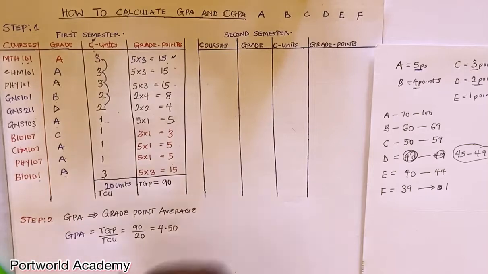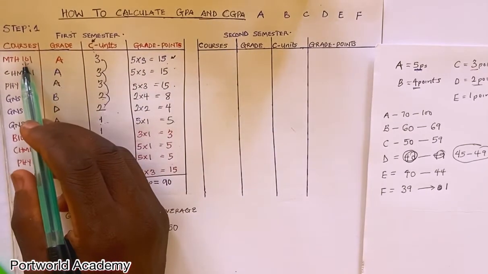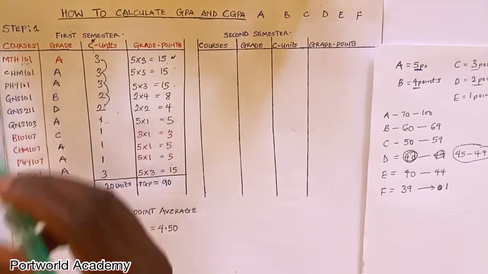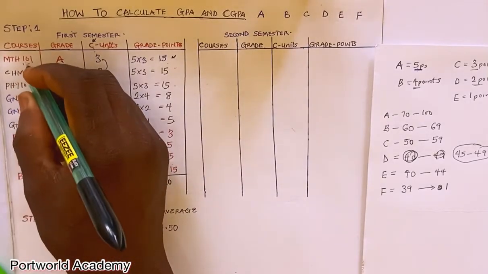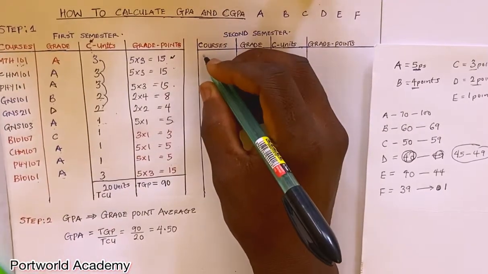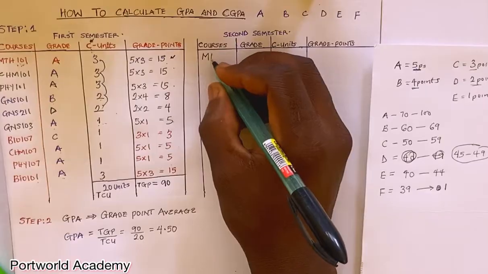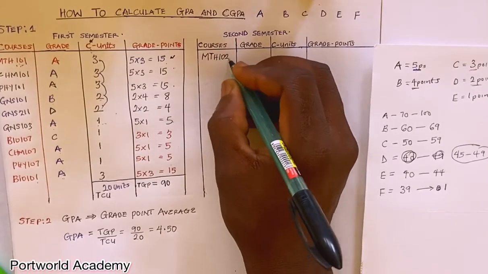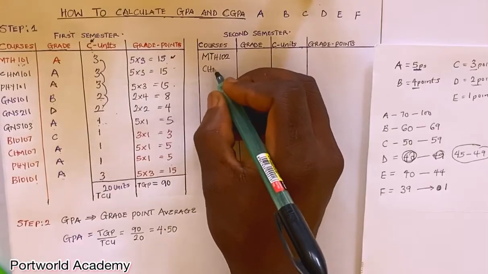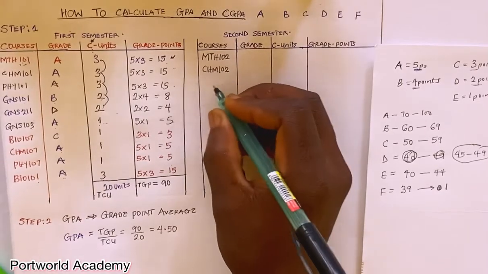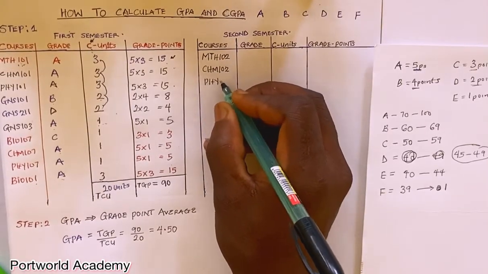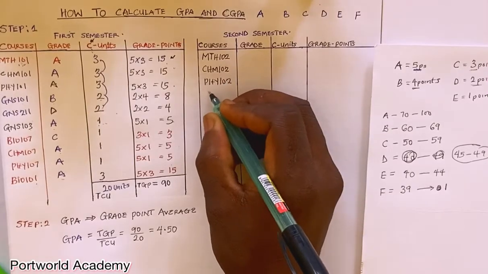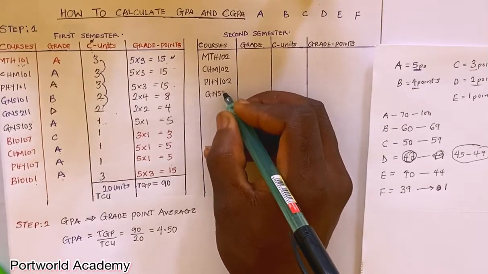Now look at this. Let's say second semester, the course code here has changed. In the first semester I was offering MTH 101. Now it's second semester, so I'm having MTH 102, right? Then I'm having CHM 102, physics 102, then GNS 102.